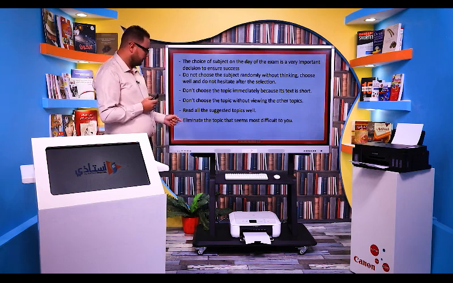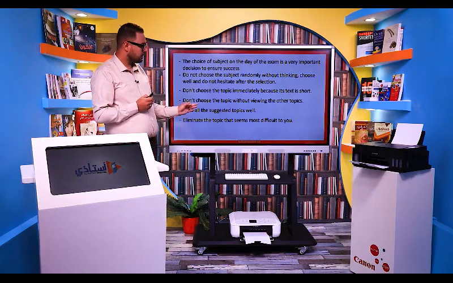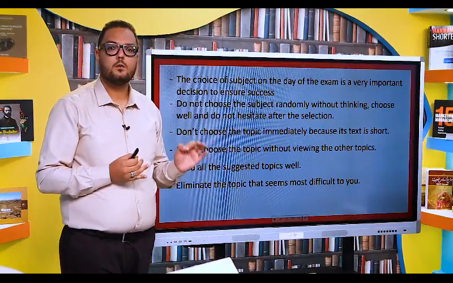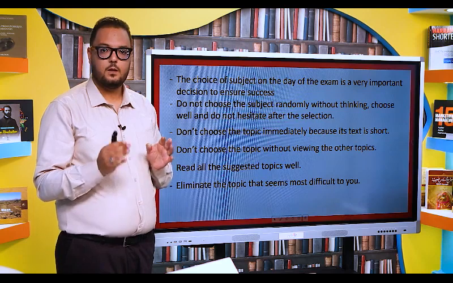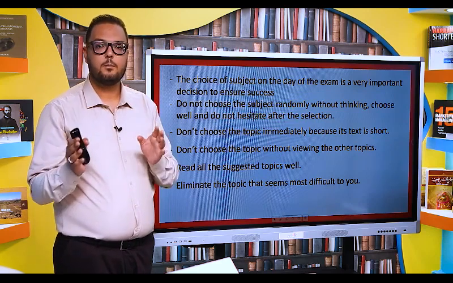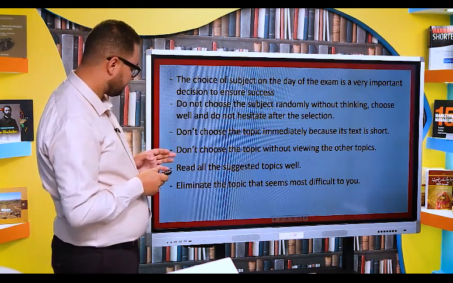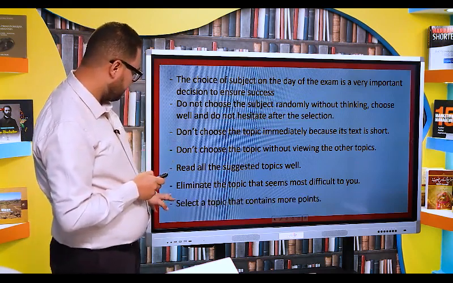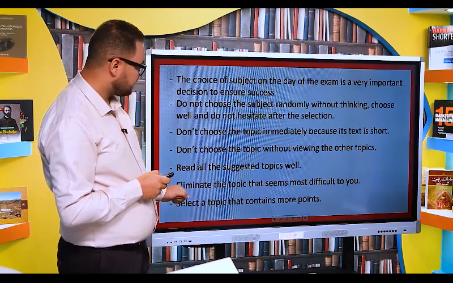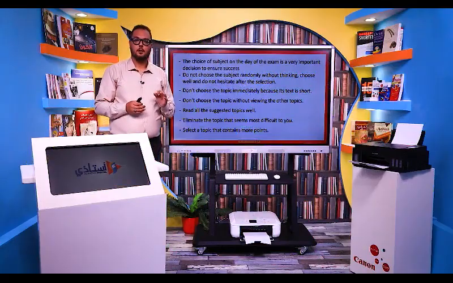After choosing one topic, eliminate the topic that seems most difficult to you. The most difficult topic, you are not going to deal with it, so eliminate it. And the last tip: select a topic that contains more points.